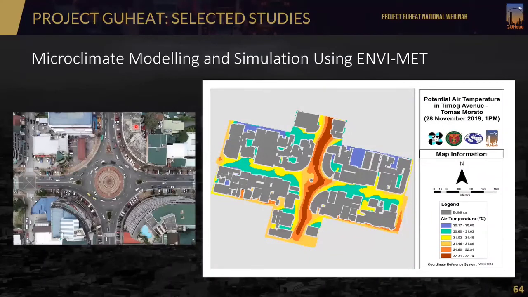We are also doing microclimate modeling and simulation at a smaller scale, for certain parts of the city, using NDMet. Here we are simulating wind patterns as well as the differential heating of these different surfaces, and exploring mitigation options that local government units can use.